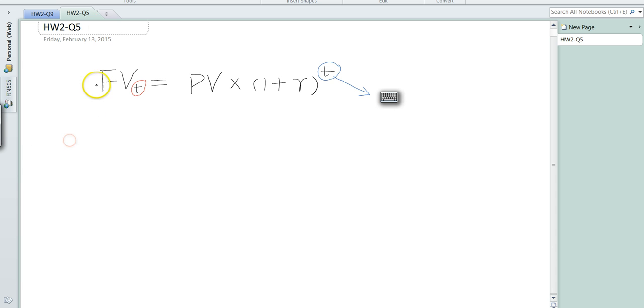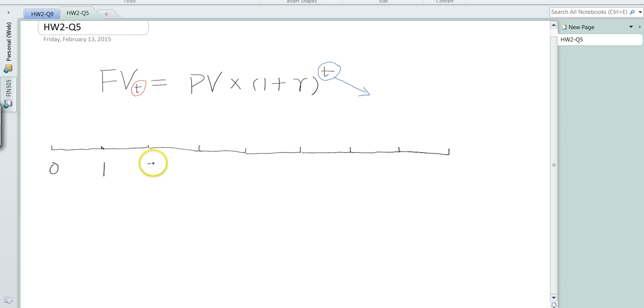So let me draw a chart. Basically, we need 8 years. I believe the setup says we have 8 years. 3, 4, 5, 6, 7. Wow, exact. Good.